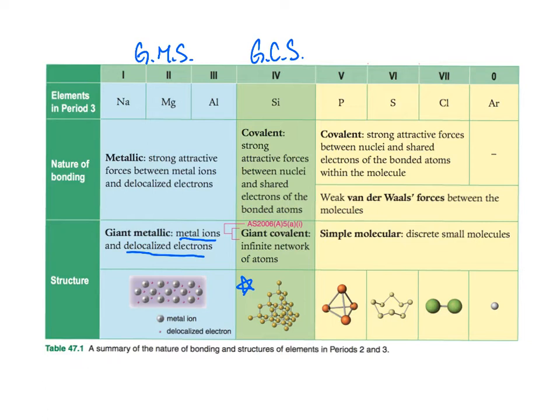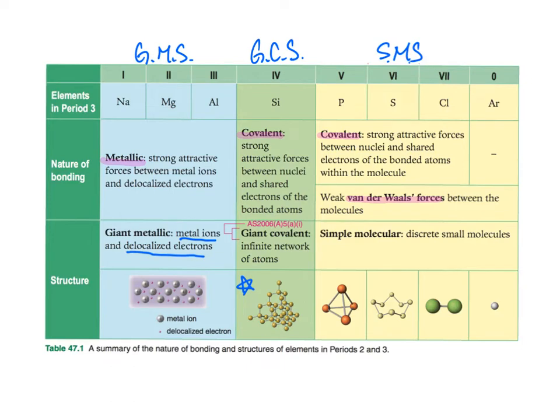And then the last ones are simple molecular structures. P, S, Cl, and Ar also have simple molecular structures. And for the nature of bonding, again, they go from metallic bond to purely covalent bond, and then covalent bond mixed with van der Waals forces.